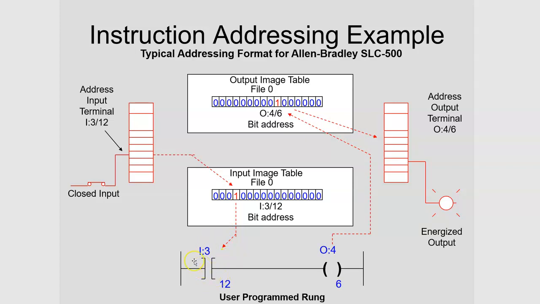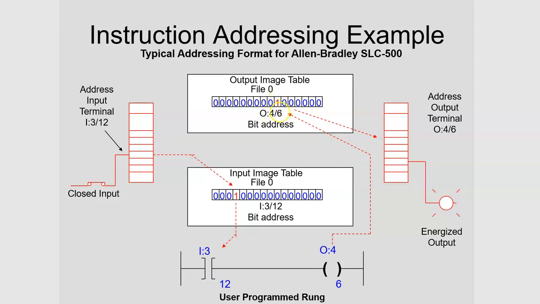But here, this whole rung is conditional then, depending on the state of this. Basically, this is examine if closed, it's looking for a 1. If it sees a 1, it makes this whole rung true, which means that this is going to be true. If this is true, it's going to put a 1. It's trying to show you here in red, there's a 1 in that bit position.